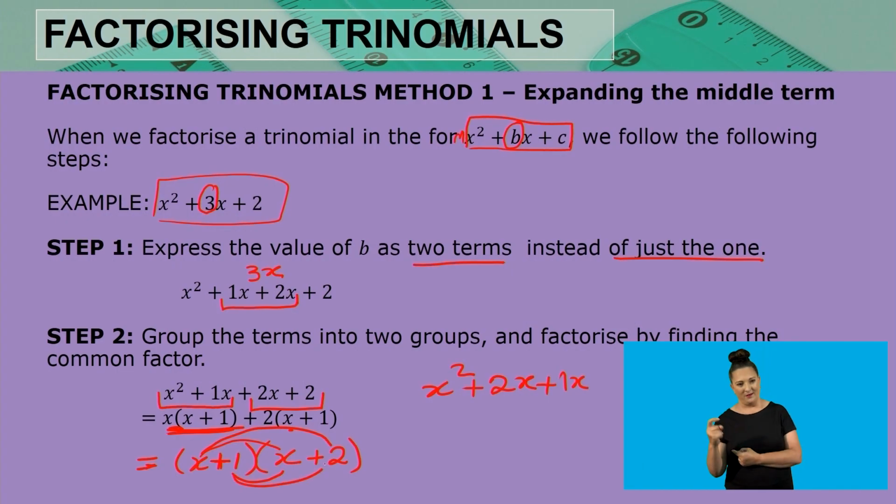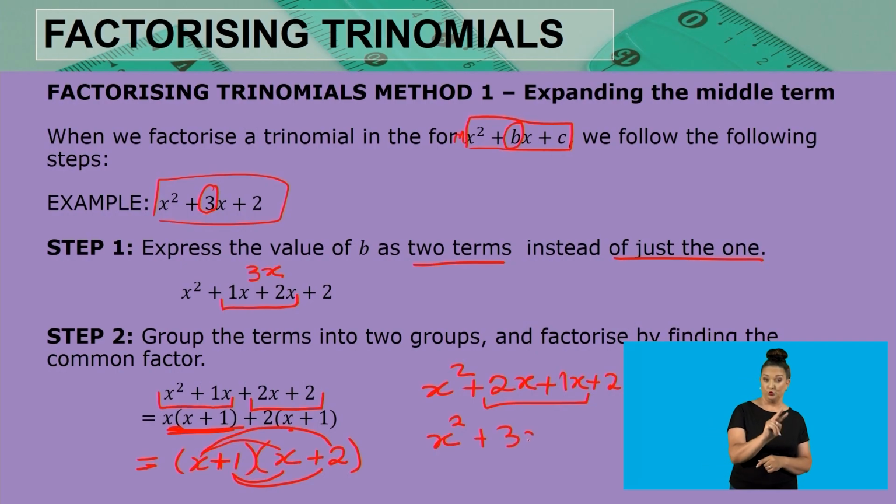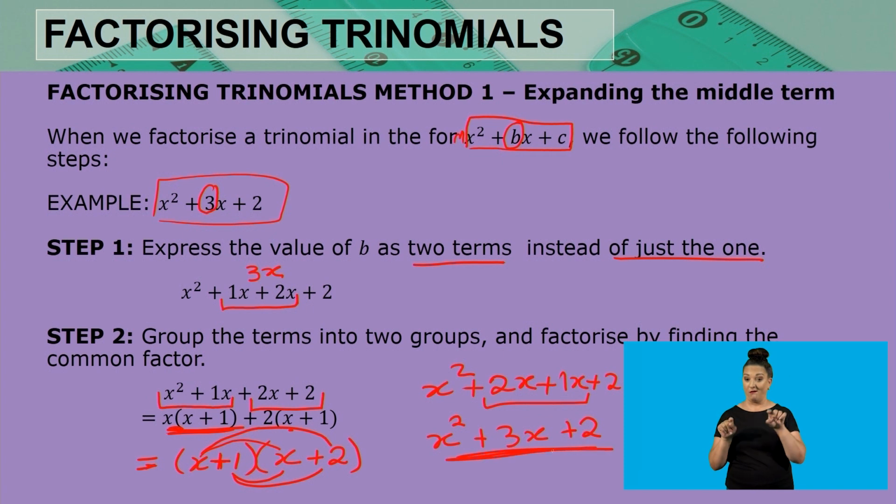And then we have a 2 multiplied by 1, that is a 2. The two middle terms are like terms, so that means we have x squared plus, that's 2 plus 1, which gives us 3x, and that gives us a plus 2. Can you see how this trinomial is the trinomial that we started with just now? So we have factorized that trinomial.